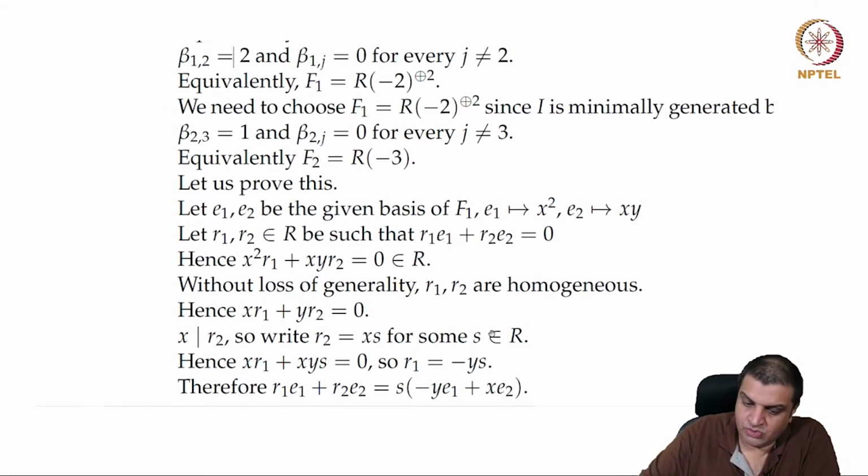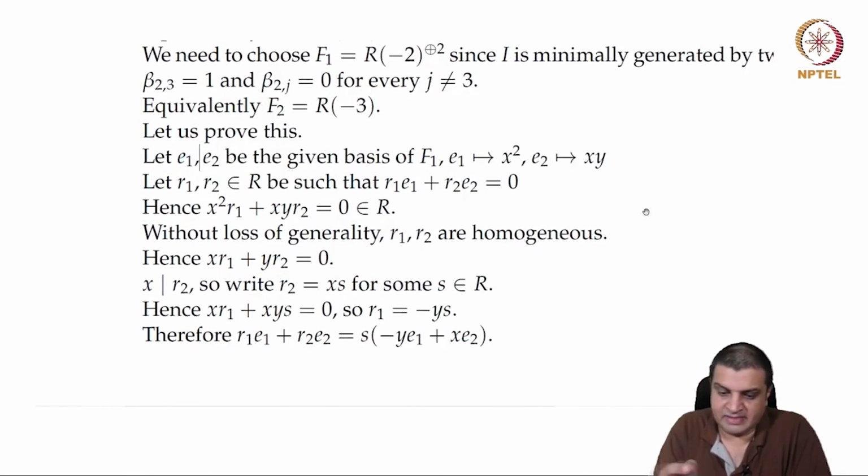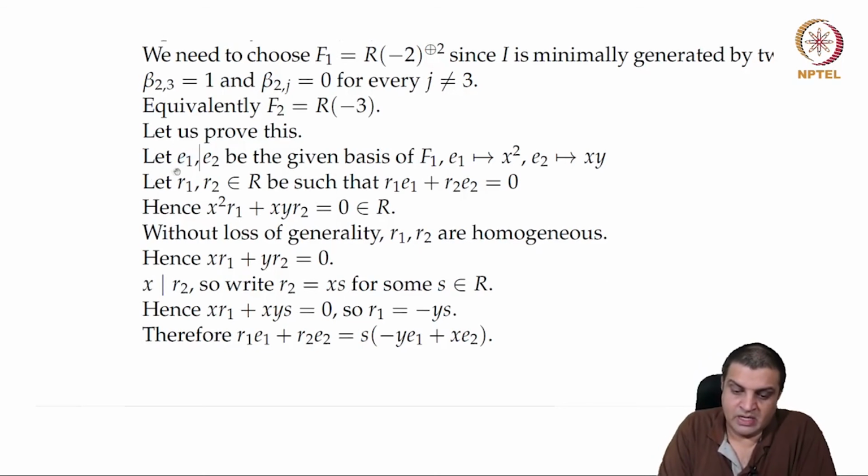So here is a proof, which I will explain anyway, and give as an exercise. You should work this out. If you write the basis for F1 as E1, E2, then E1 goes to x squared, E2 goes to xy. Let R1, R2 be a syzygy, a relation among them, R1 E1 plus R2 E2.